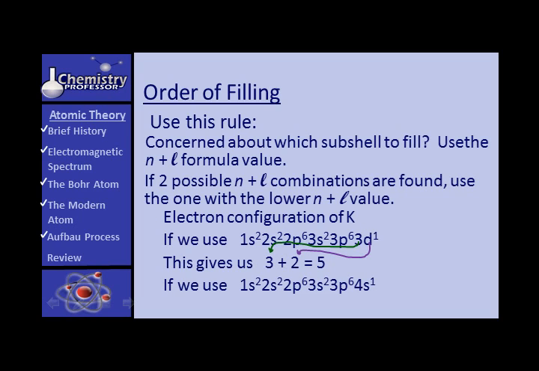On the other hand, if we use this electron configuration, let's do the N plus L value for 4s, and that is 4 plus 0 to give us 4. The s, remember, has a 0 value, and so that's where we get 4.